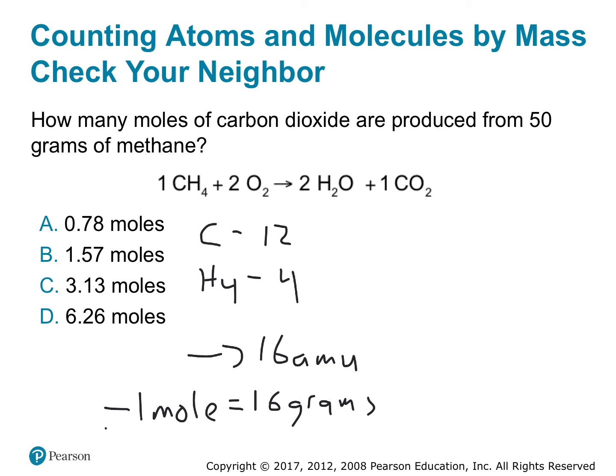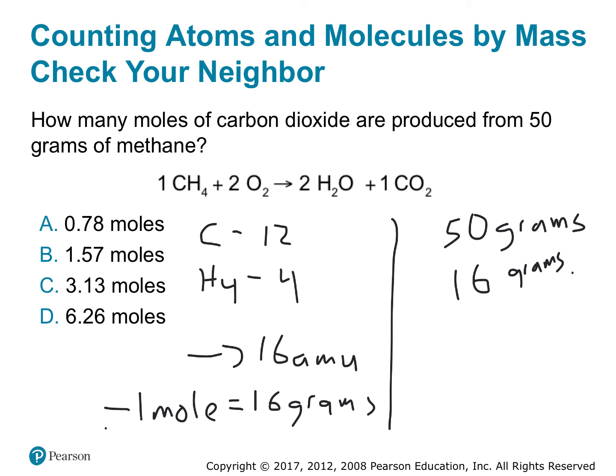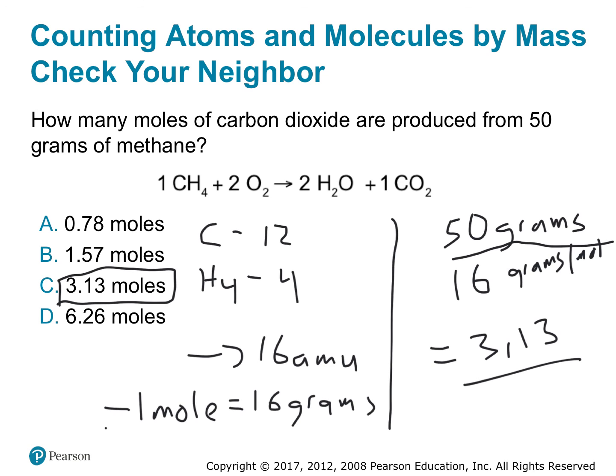Now, what are we going to do with that? We know we've got 50 grams, and so if there's 16 grams per mole, if we divide 50 grams by 16 grams per mole, 50 divided by 16 is equal to 3.13, and so that's how many moles we have, 3.13 moles.